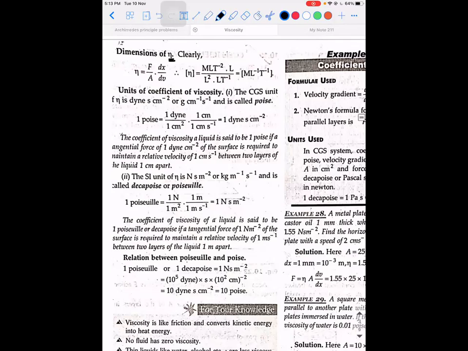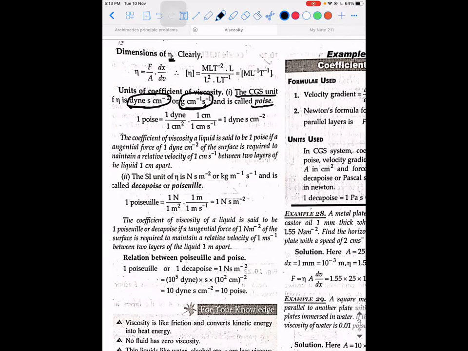The CGS unit of viscosity is dyne second centimeter minus 2 or gram centimeter inverse second inverse. Both put together are collectively called poise.